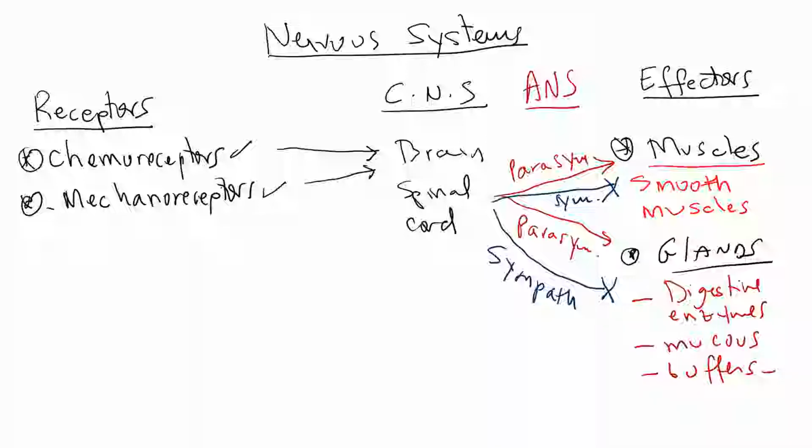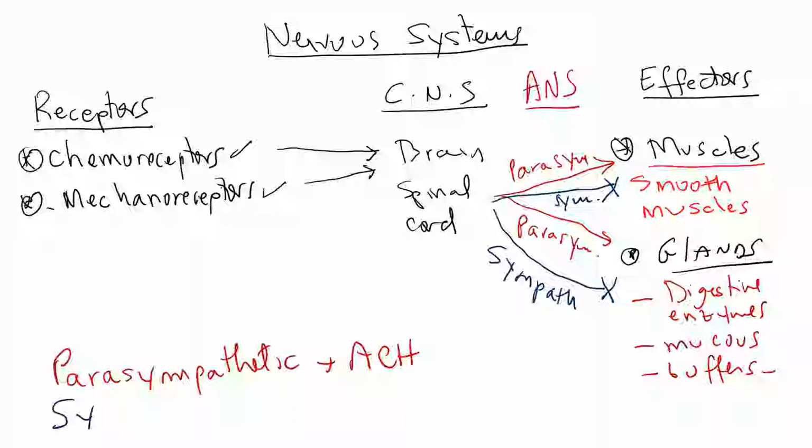Also remember that the parasympathetic neurotransmitter was acetylcholine, whose acronym was ACh. The sympathetic neurotransmitters were epinephrine and norepinephrine.